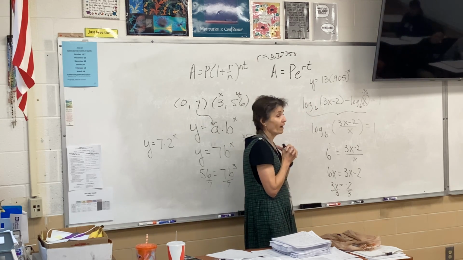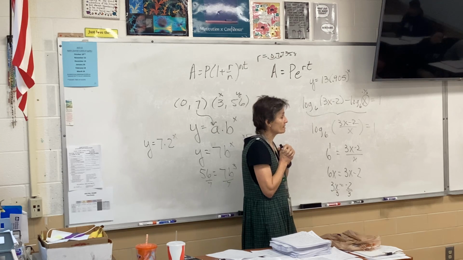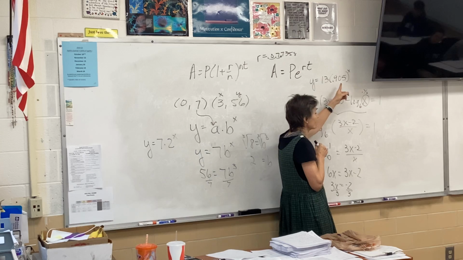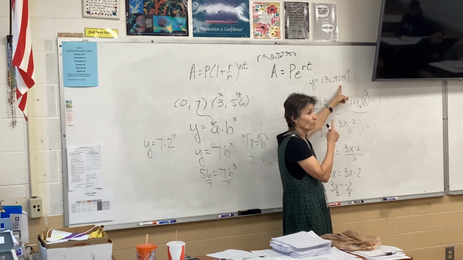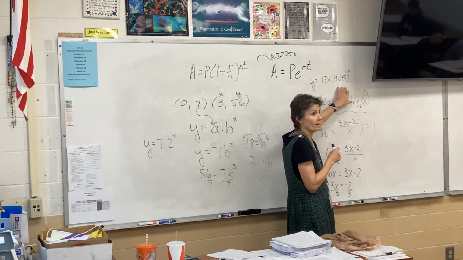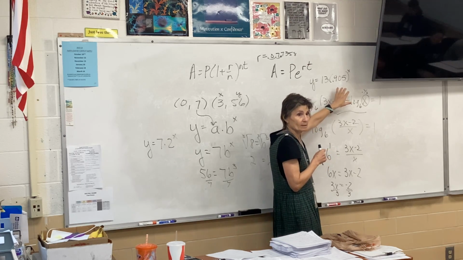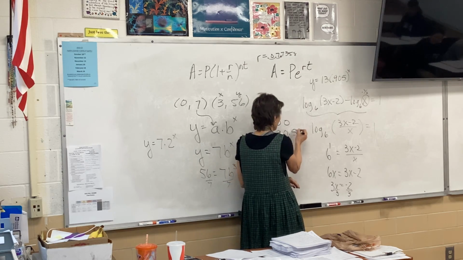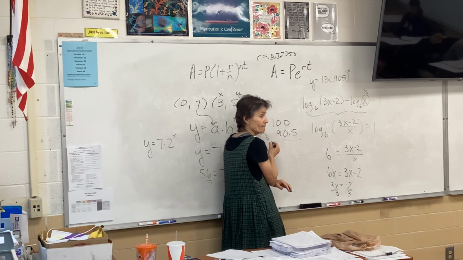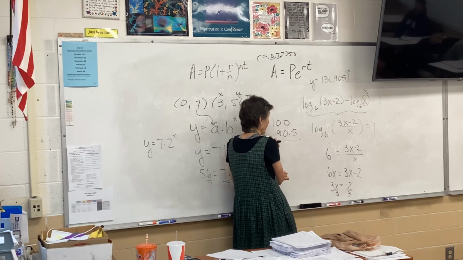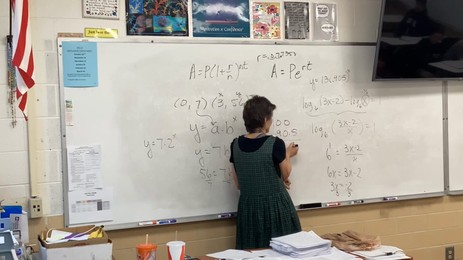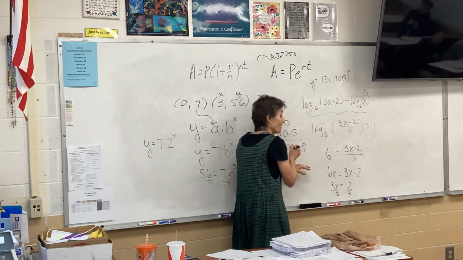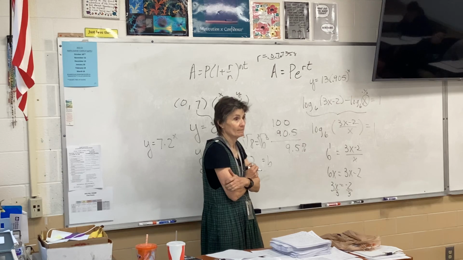Is it 90.5? No, it's not. The percent growth or decay is the amount that you're different from 1. So how much less than 1 is this? Well, it would be 100% minus 90.5%, right? That's how different it is. Which is what? 9.5. So this would be 9.5% decay.